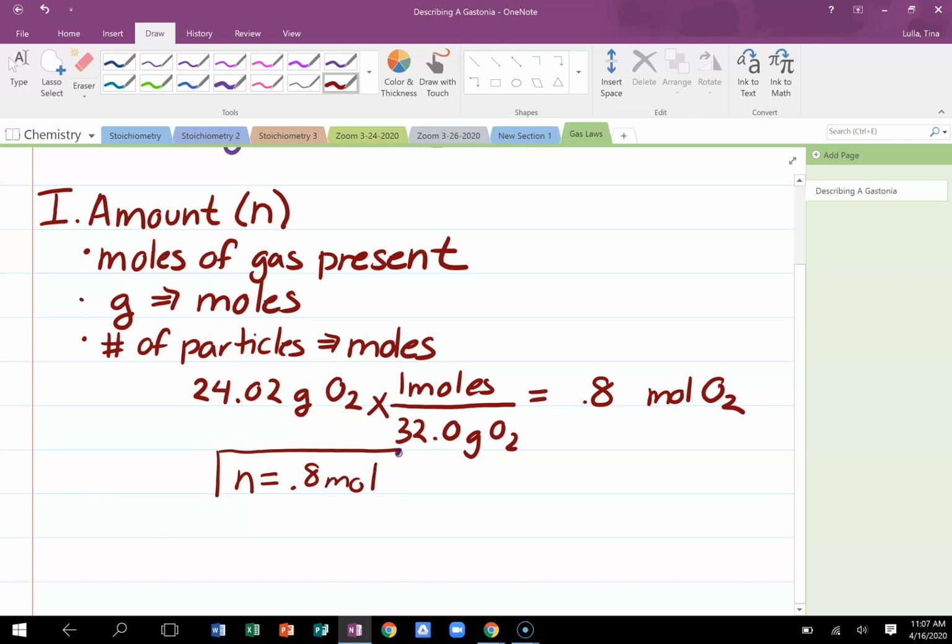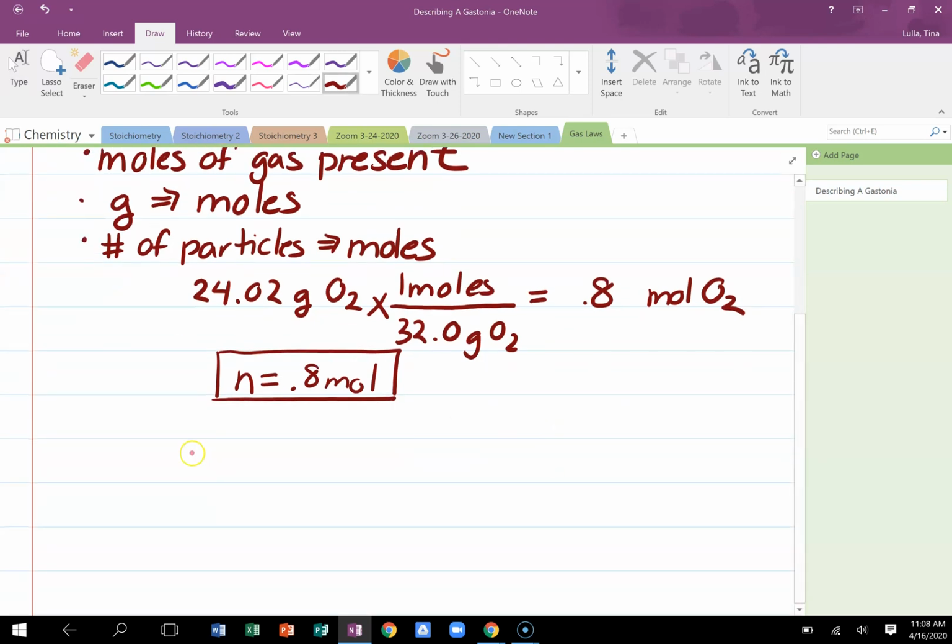So when we talk about gases, we're always going to measure the amount in moles. Again, if I was given number of particles, I would use my mole map and convert that to moles. That would look something like this. Let's say I had 2.8 times 10 to the 24th molecules of CH4.